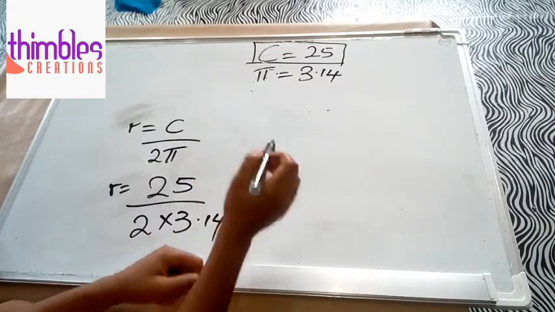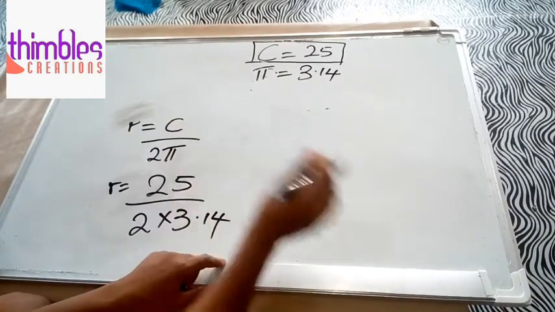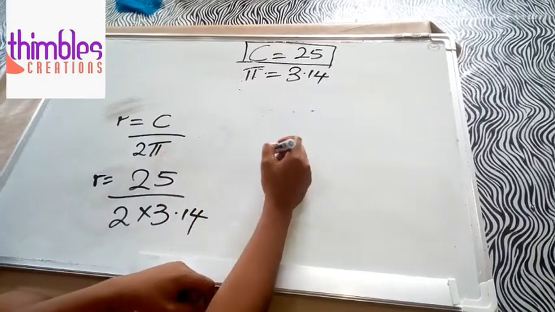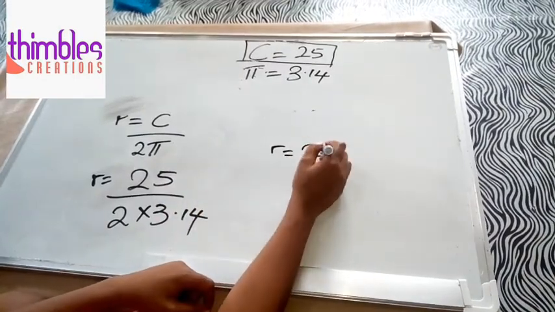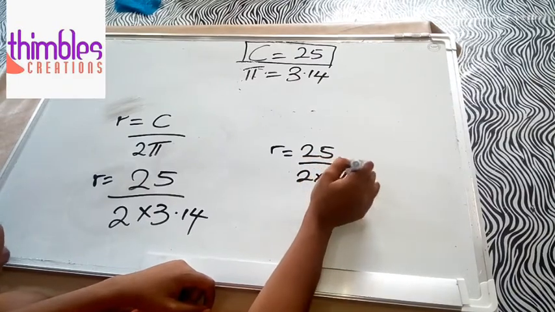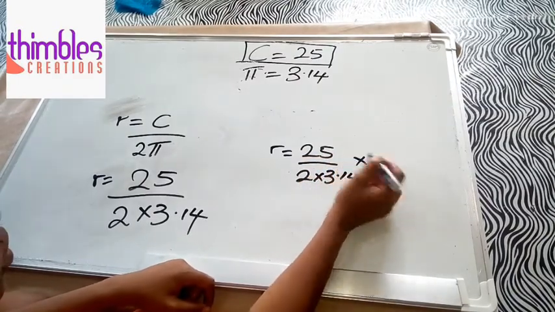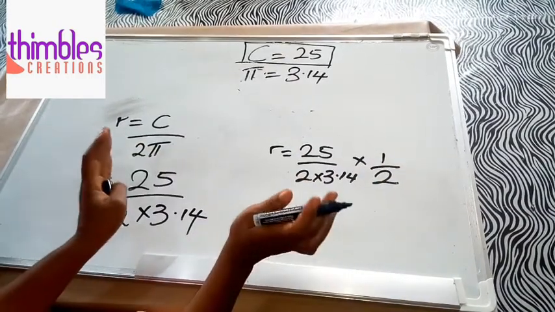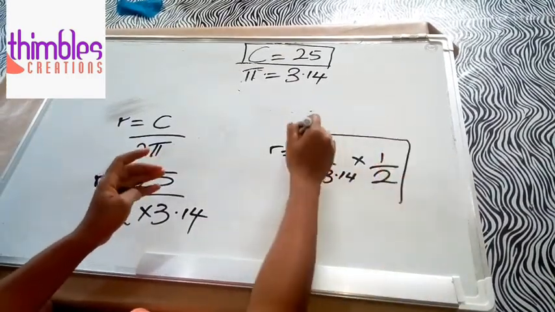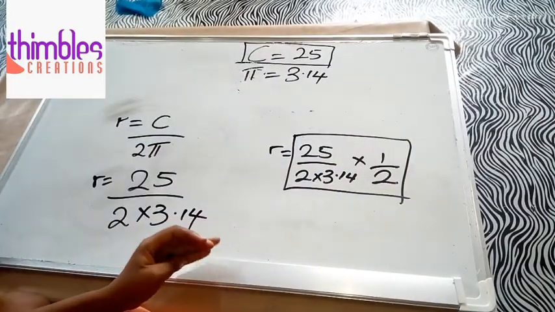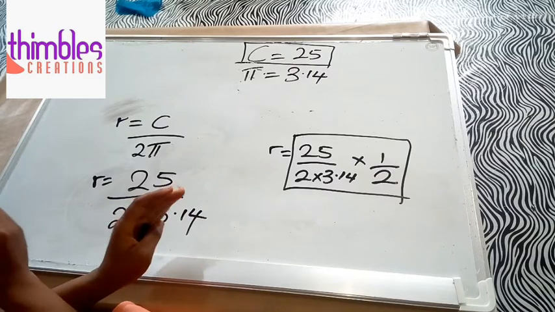To get the radius of our 720 degrees play, r is equal to 25 over 2 times 3.14 times 1 over 2. Simple. If you know this formula, you can get your 720 degrees play with any size.